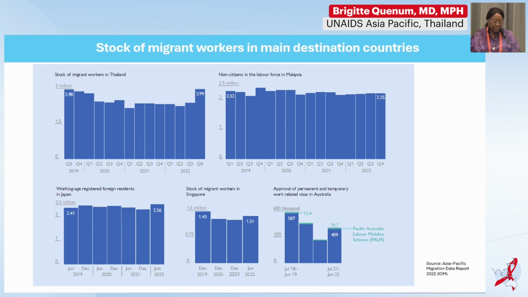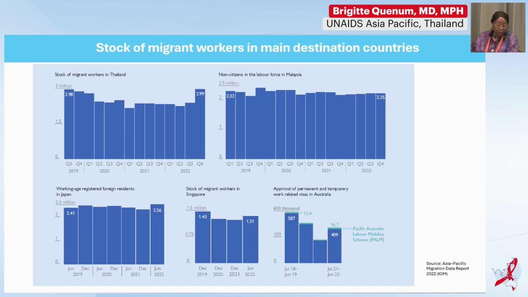So this second slide is really to provide a snapshot of the volume of migrants in popular destination countries. I'm not going to read all, but you can see that in Thailand, you have approximately 3 million. This is about 4% of the total population.